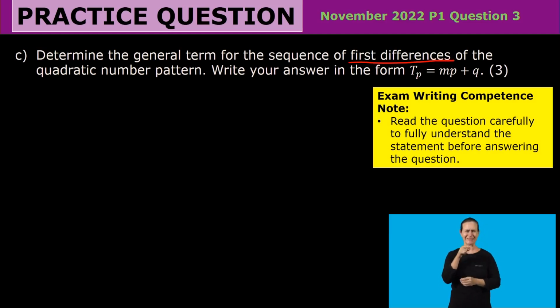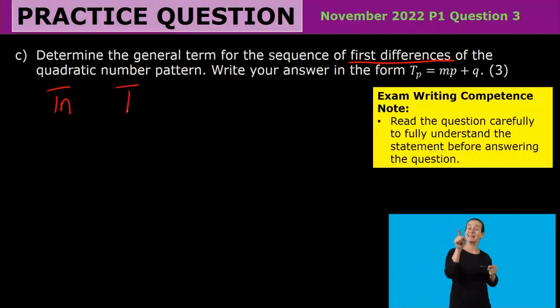Those variables that we are not used to should not intimidate you. We are not going to calculate Tn, we are going to be calculating Tp. The reason we are using a different letter here is because we already have Tn. Remember, our Tn is n squared plus 4n plus 9.